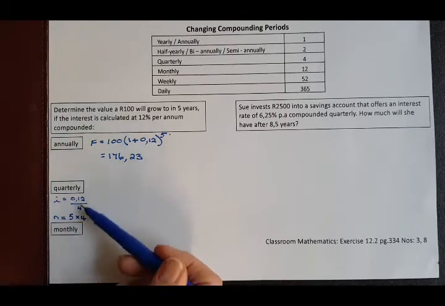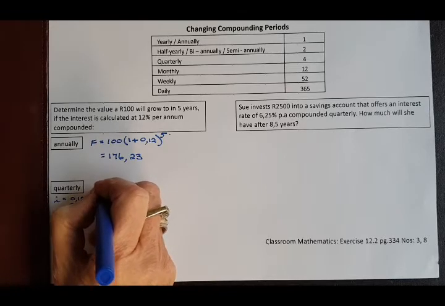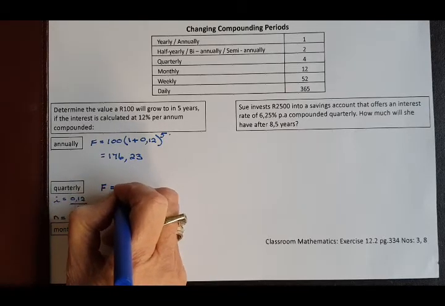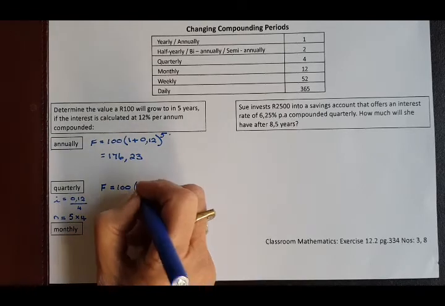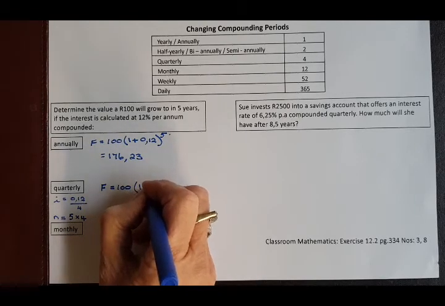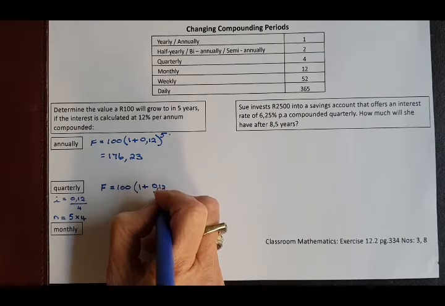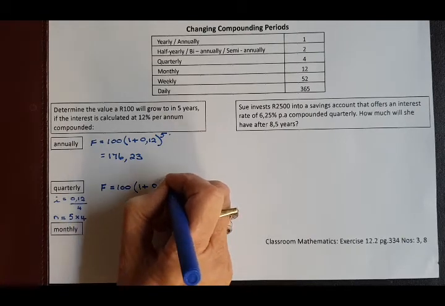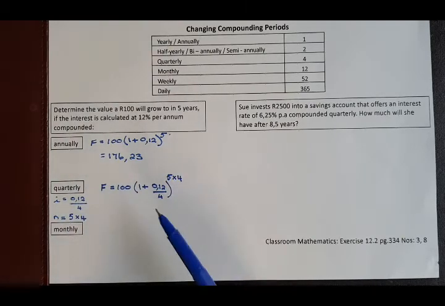Okay, so our interest per quarter, 0.12 divided by 4. Our future value would be equal to 100, our present value, same investment, times 1 plus 0.12 divided by 4 raised to the power of 5 times 4. Our interest rate is divided by 4 because we need the interest rate per quarter.